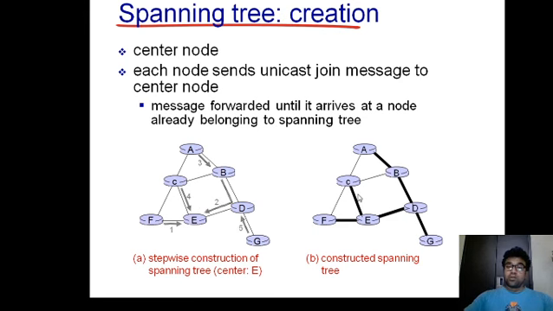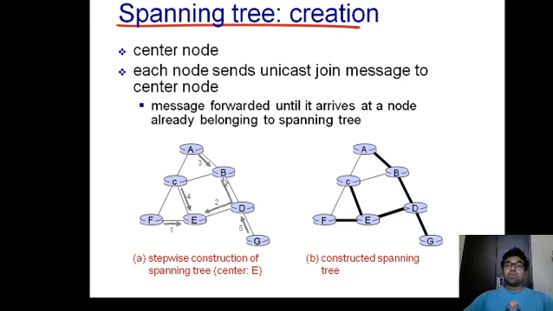Now next, if G has to unicast any information to E with the help of distance vector routing algorithm, then G will transmit that information through D. Now D already has a spanning tree branch, so G will stop making spanning tree branches because G's unicast message finds a spanning tree branch. Then it will stop sending the unicast message to E.